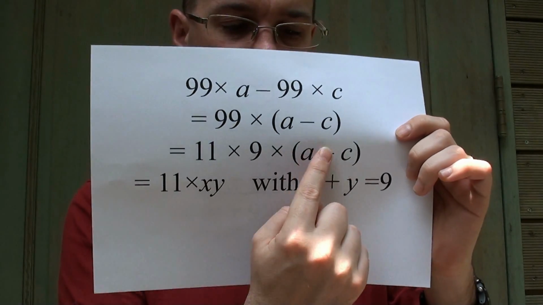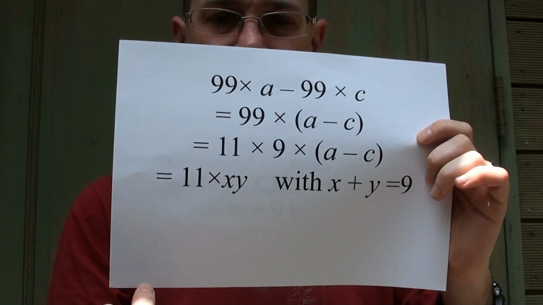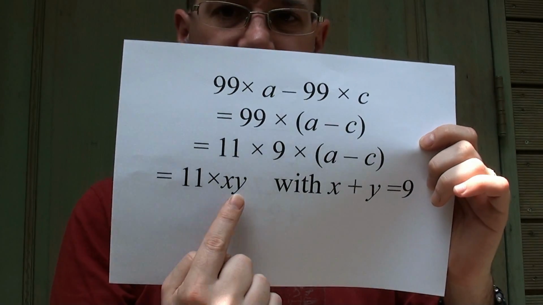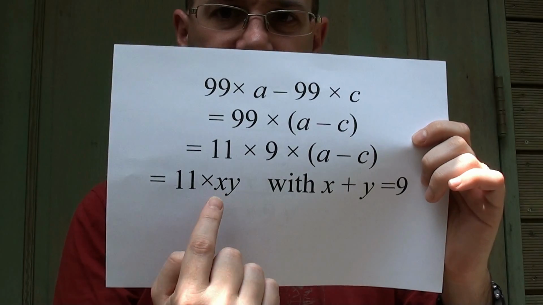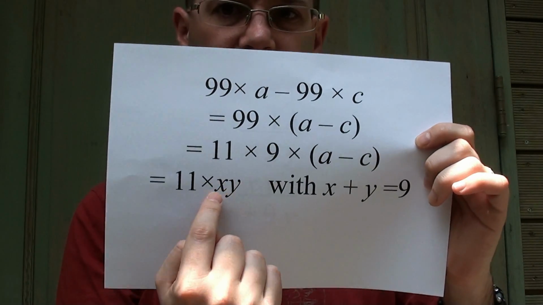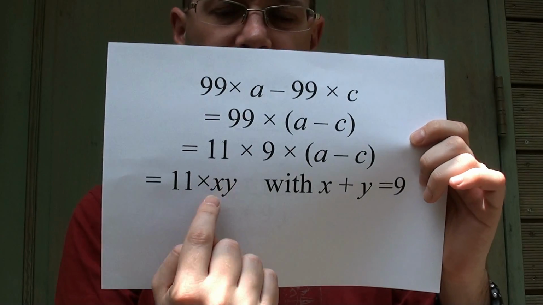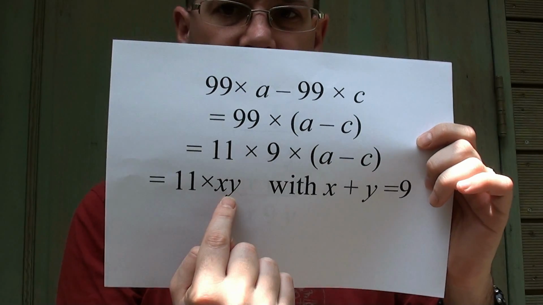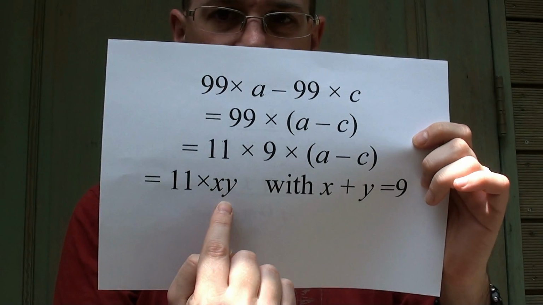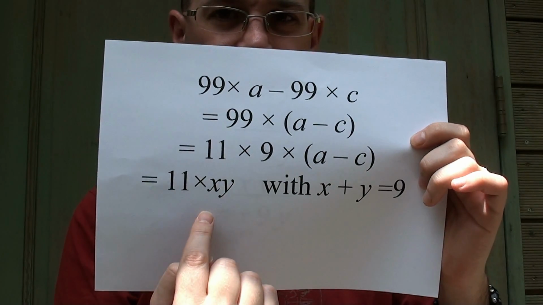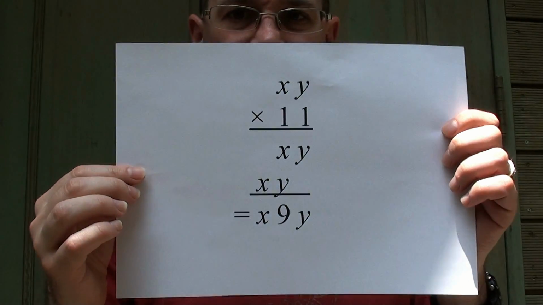And if A minus C is 1, well, let's say that x is 0 and y is 9. And this is not a multiplication here. This is just a way of writing a two-digit number with two different digits. I know it's a little bit confusing, but it's not a multiplication right here. So it's 11 multiplied by a number with two digits, x and y. And that's it, because when you multiply by 11, you get this.